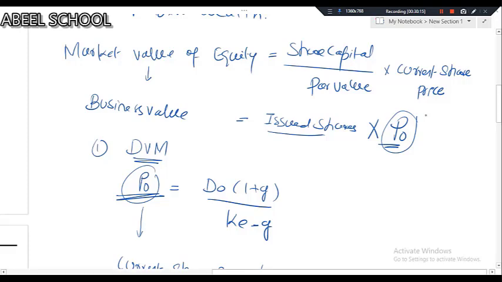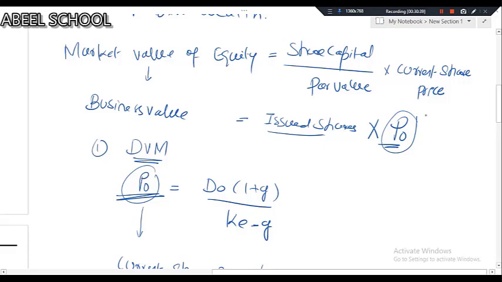Now if market value of equity has increased, it means wealth has increased. But this is the end result. Definitely, there must be some financial as well as non-financial indicators which should point towards maximization of shareholders' wealth.